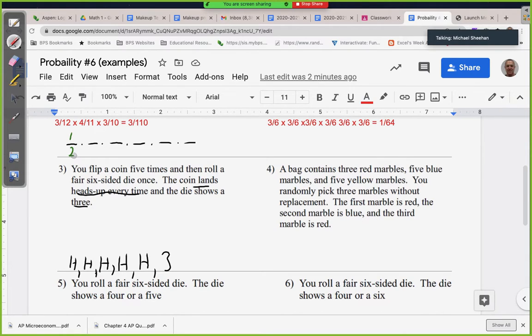And then same thing the second time. You can't take away the heads. There's still 1 heads, and there's still 2 things you can get. 1 out of 2 chance of getting a heads the third time, 1 out of 2 the 4th time, and 1 out of 2 the 5th time. And now I'm going to roll a dice. There's 1, 3 out of 6 possible numbers I can get on the dice.